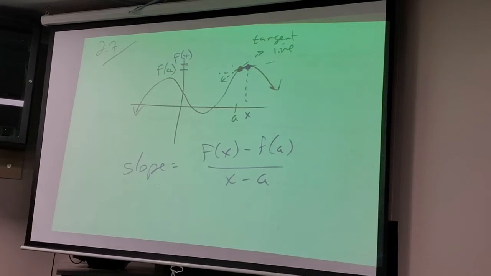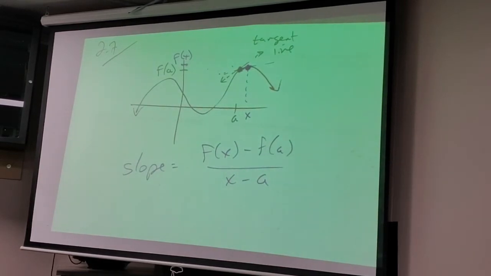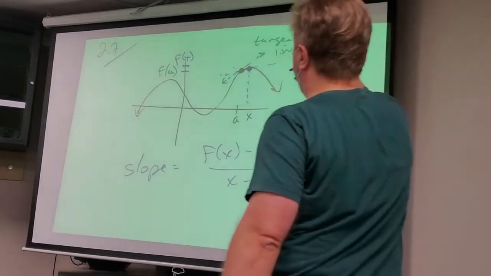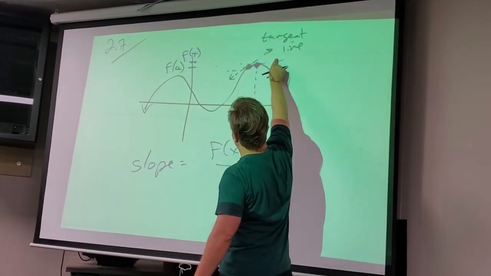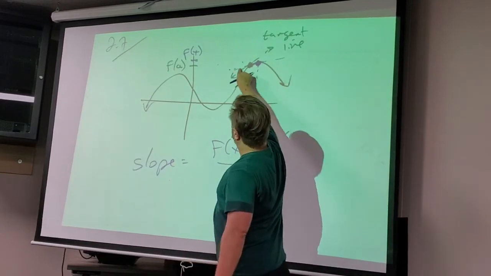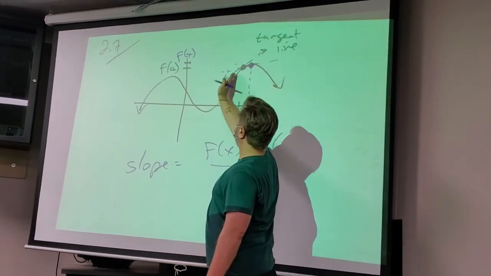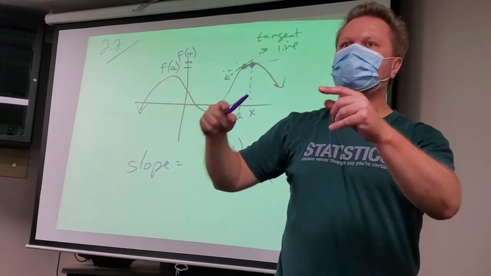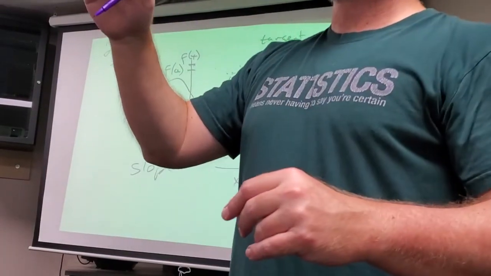Just algebra. Where does the calculus come in? Well, what am I going to let happen? In order to find the slope at A, the point I picked, is that slope too small or too big? Too small. It's got to be steeper, of course. That's the slope that I want at that point. What do I allow to happen to figure out the slope at that point?